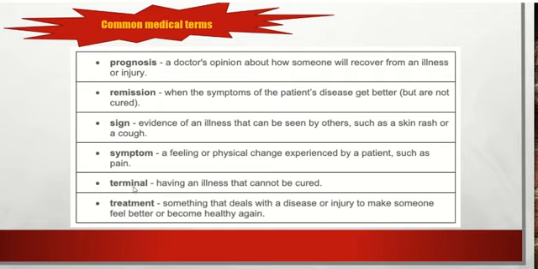Terminal, having an illness that cannot be cured. Treatment, something that deals with disease or injury to make someone feel better or become healthy again, so after taking this treatment the person feels well and healthy.